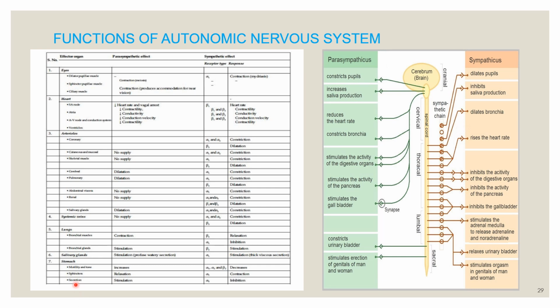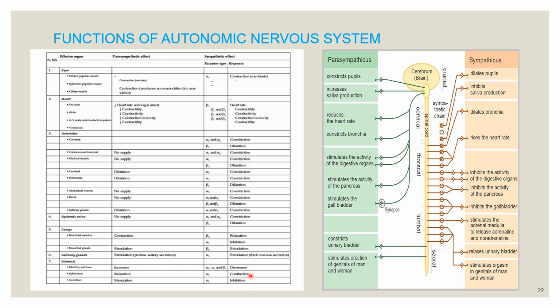Now coming to the stomach. The motility and tone increases because of the parasympathetic effect. And because of the sympathetic effect, alpha 1, alpha 2 and beta 2 receptors, they will decrease the motility and tone of the stomach.